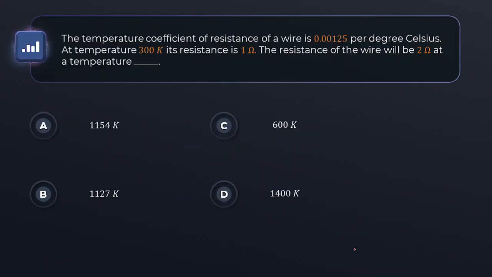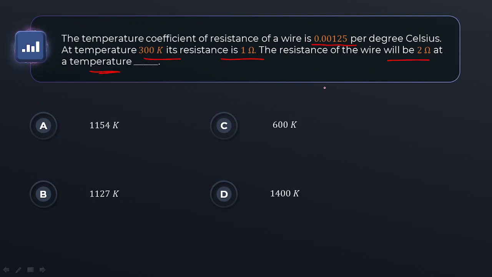So let us solve one question. The question is: the temperature coefficient of resistance of a wire is 0.00125 per degree Celsius. At temperature 300 Kelvin, its resistance is 1 ohm. The resistance of the wire will be 2 ohm at what temperature? So what we have to do in this case?